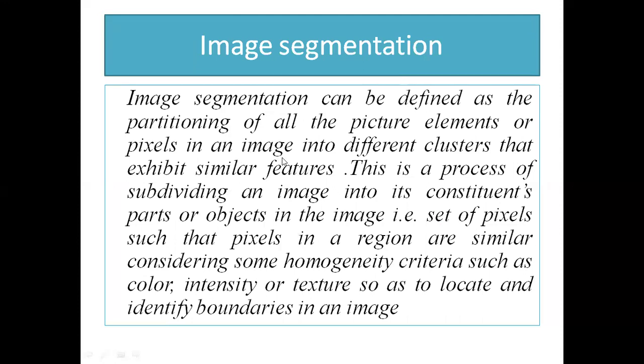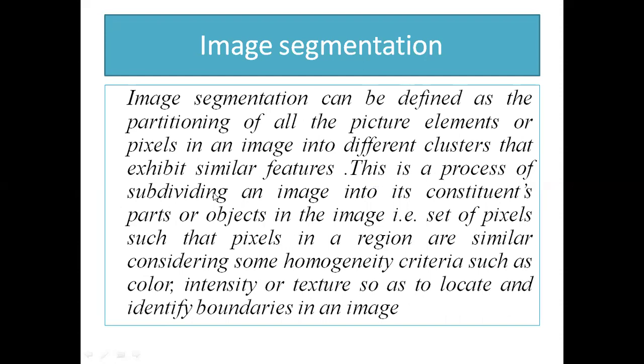Remember, in my clustering class of machine learning, I told you that clusters are formed on the basis of some homogeneity criteria, some features, right? Those features should be similar. So here also, we can divide the image into different clusters, and those clusters should exhibit similar features.